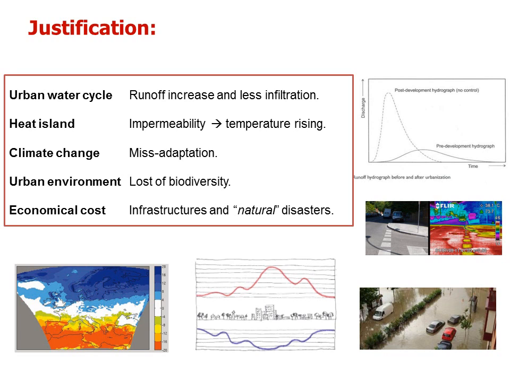The justification of SUDS is: for the urban water cycle, the runoff increase and less infiltration; the heat island effect, by impermeability and temperature rising; regarding climate change, for misadaptation; regarding the urban environment, for the loss of biodiversity; and the economic cost is related to infrastructures and natural disasters.